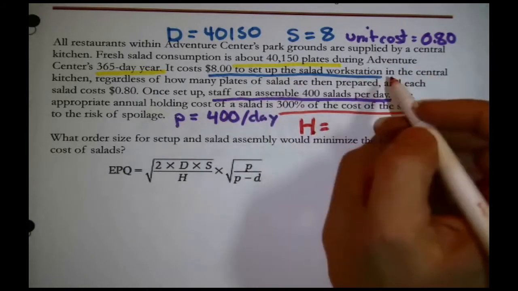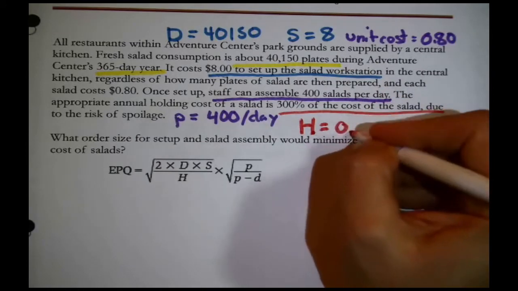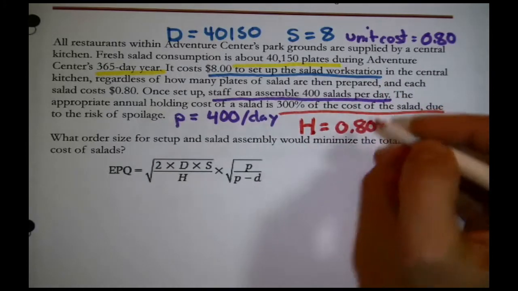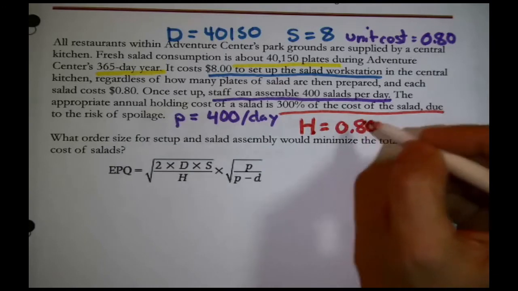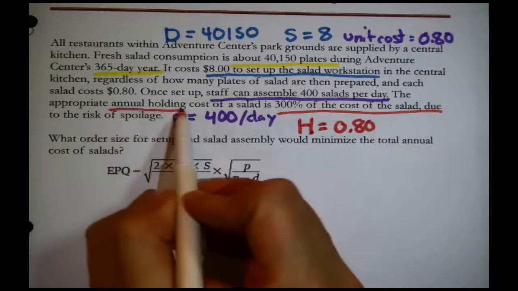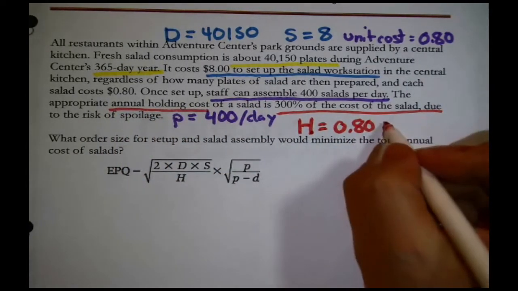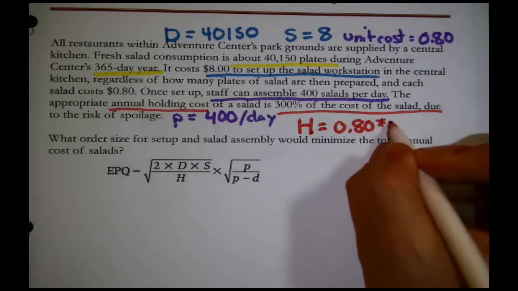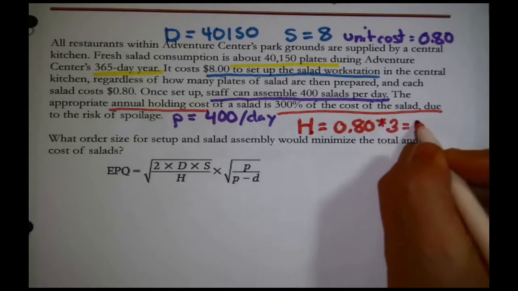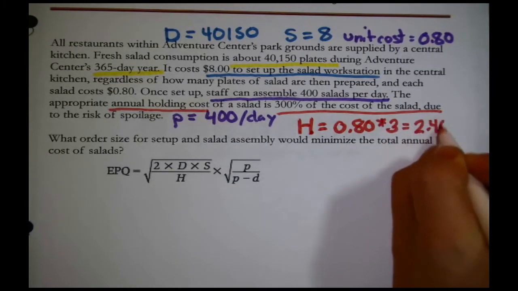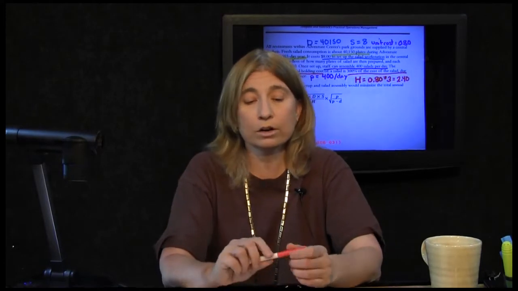They didn't say anything about that directly, but they said each salad costs 80 cents, and the cost of holding one in inventory for an entire year is 300%, or 3 times that. I now have H: 0.8, the unit cost, times 3 for 300%. It costs $2.40 to hold 1 plate of salad in inventory for a year.